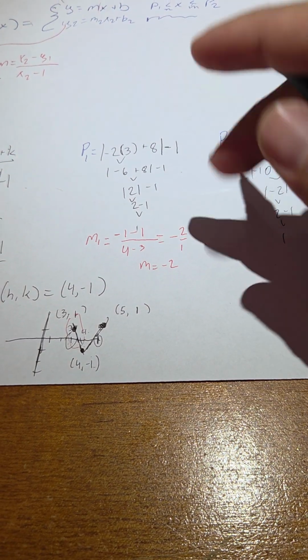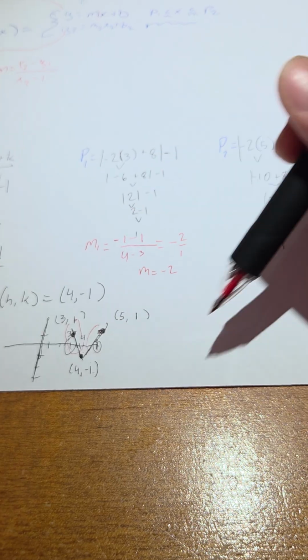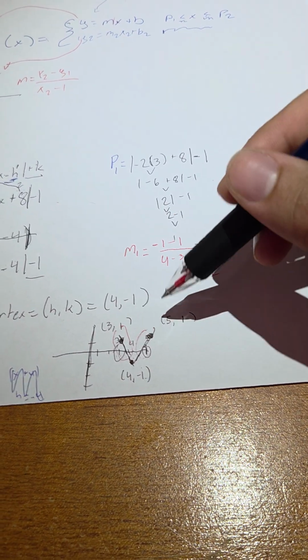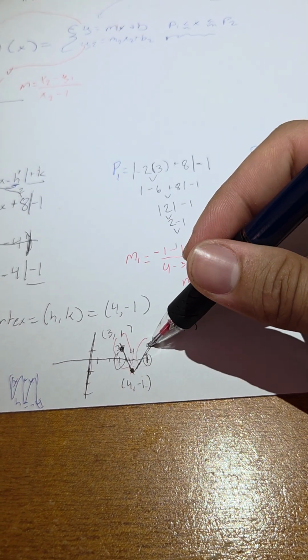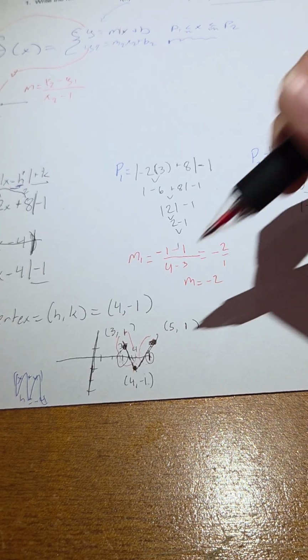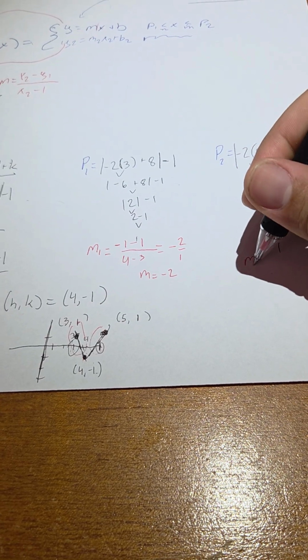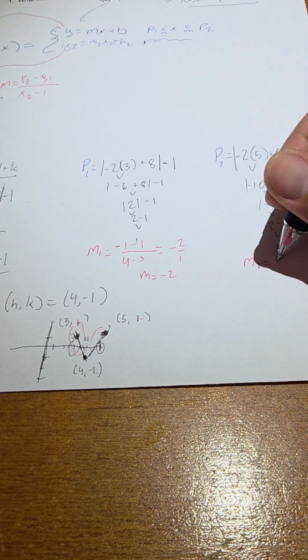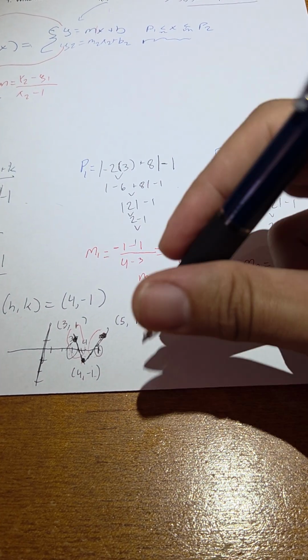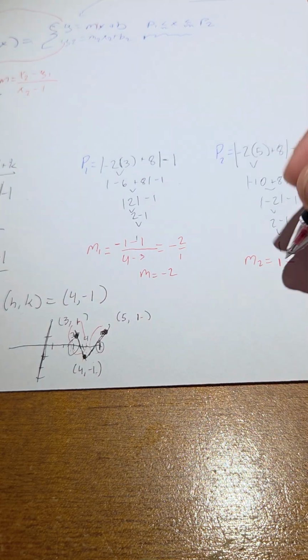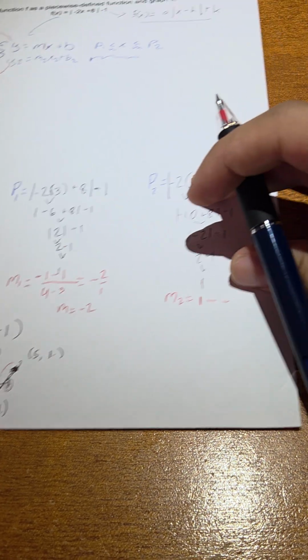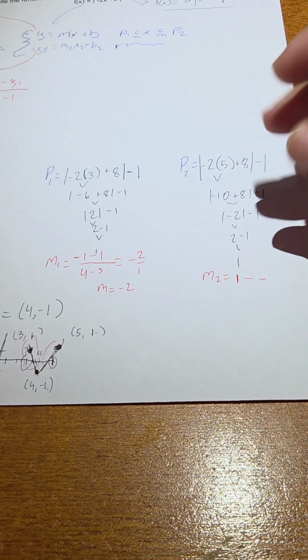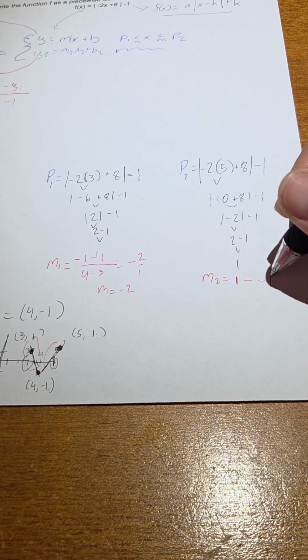And now let's calculate the slope for this line. Remember, we read it from left to right. So now this is our first point, and this is our second point. Now our m2 is going to be equal to y2, which is now 1, minus our y1, which is negative 1. Let me get this in frame.